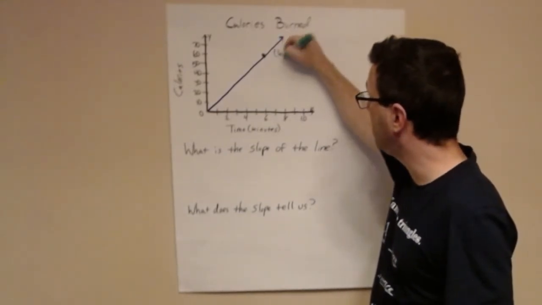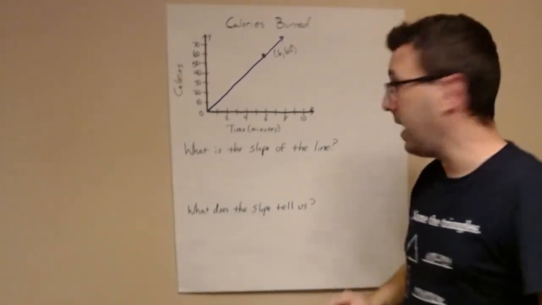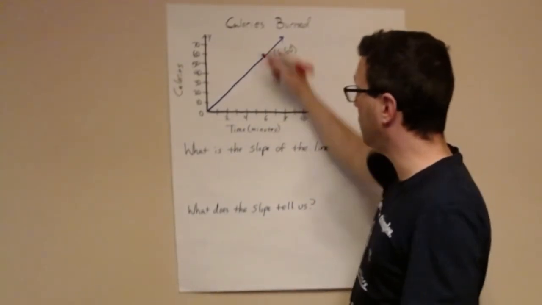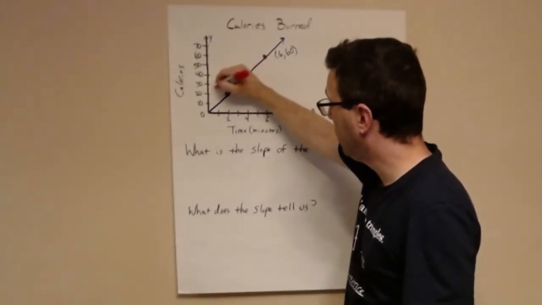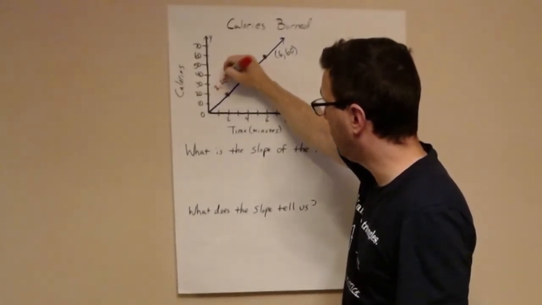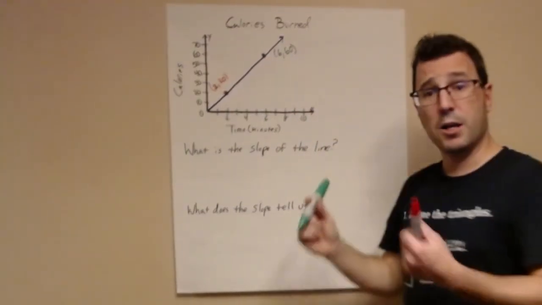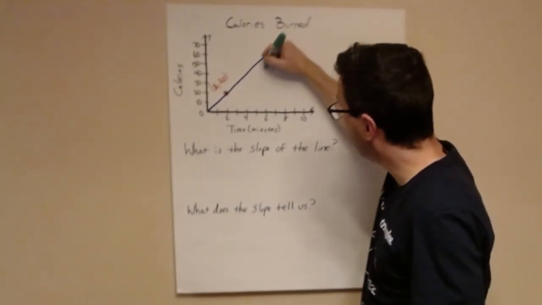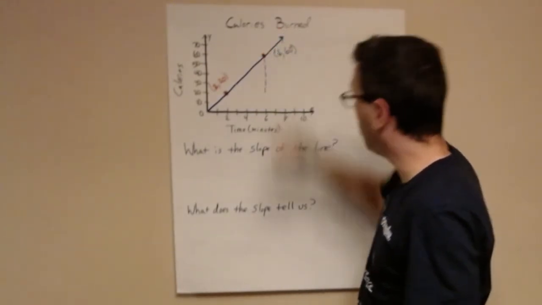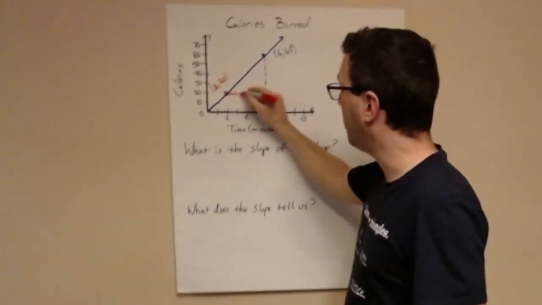That's 6, 60, and let's do, you know what, I'll do this one. 2, 20. And again, I'm going to draw a little dotted line from there, and another dotted line going to the side.